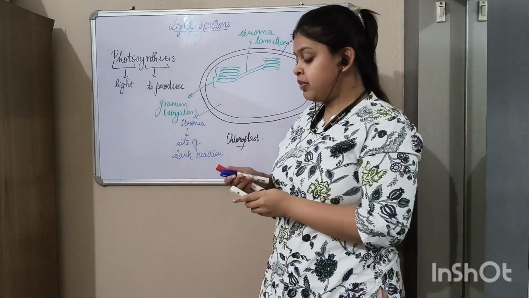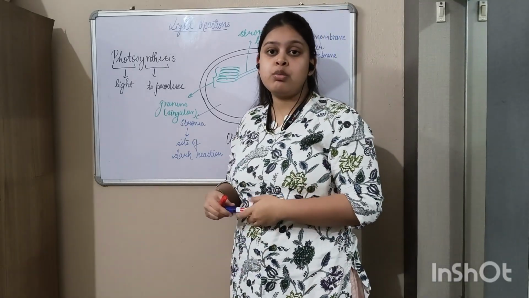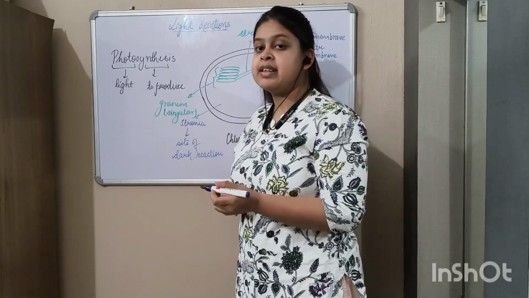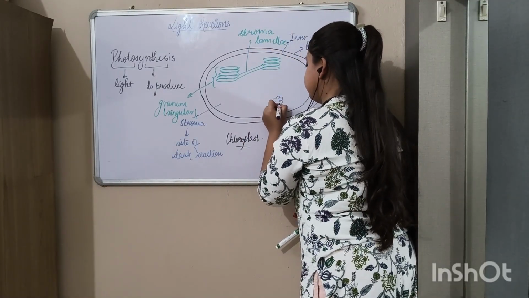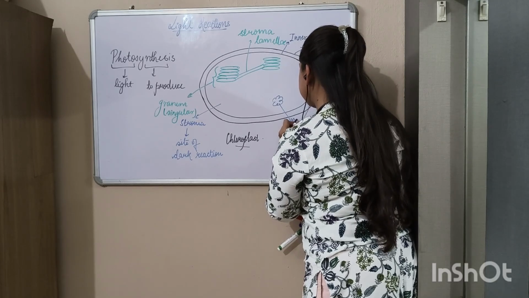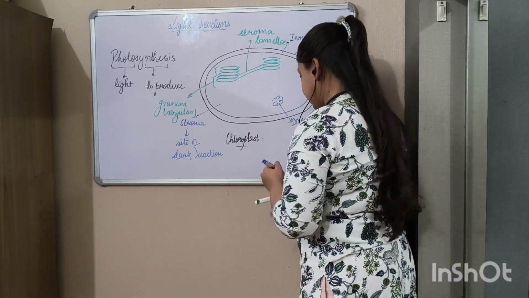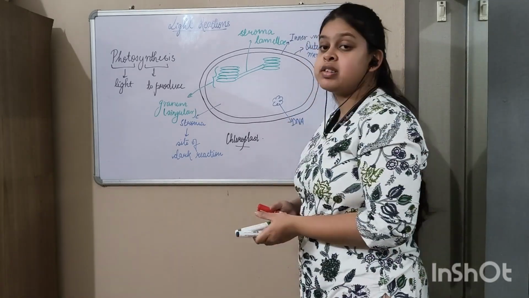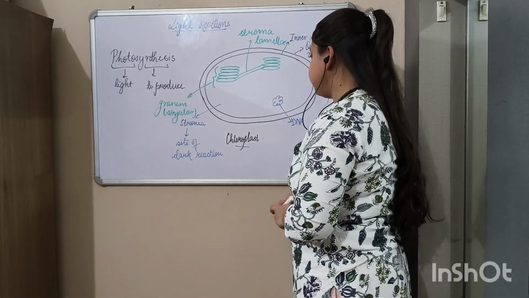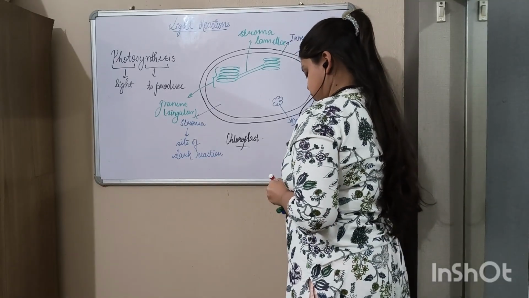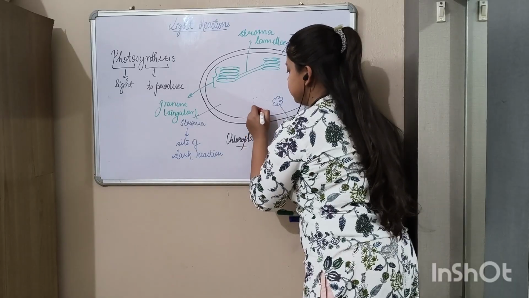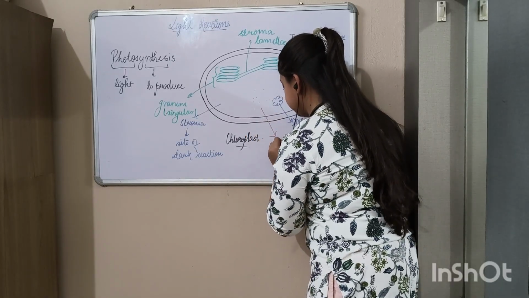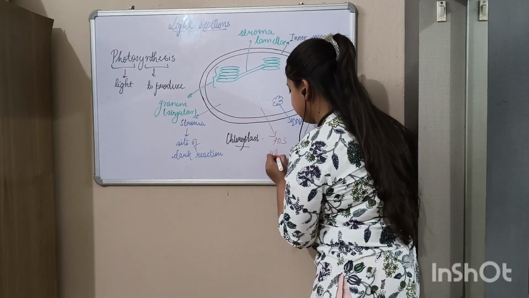As you know, chloroplast is a semi-autonomous replicating system. It has its own DNA molecule. It is a double-stranded DNA molecule and it also has 70S ribosomes.